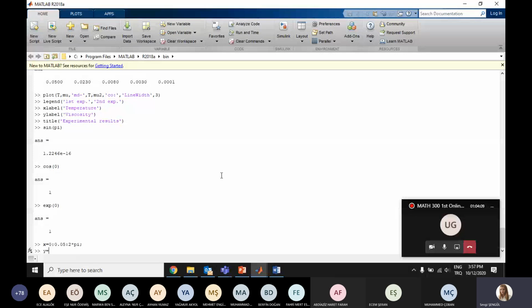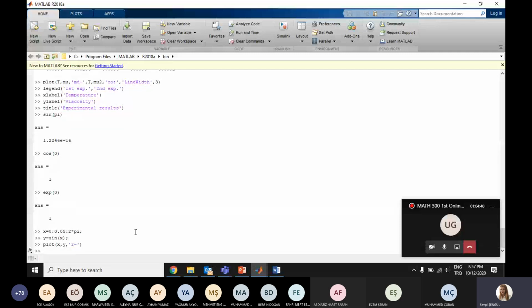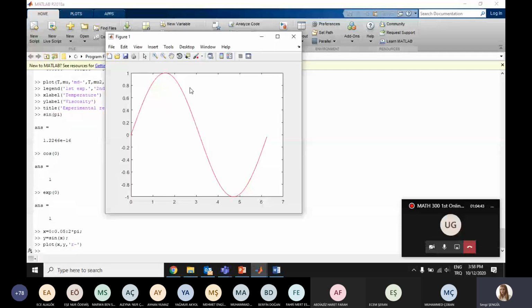And I want to define my sine function, sine of X. All those x values that I defined will be put inside the function, and it will be another vector here. Okay? I don't want to see the result again because it will be a bunch of numbers, but I want to see how it behaves. So I can just plot x, comma, y, make it a red line. Okay? And it will show you the sine function from 0 to 2 pi with an increment of 0.05.